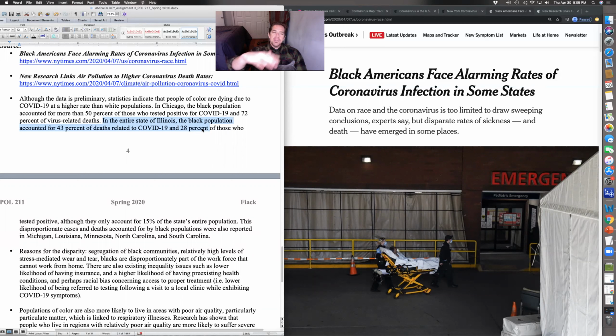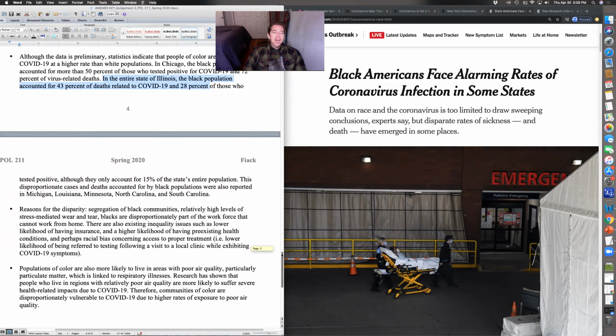But those who tested positive and those who died are much higher than that. And so what this tells us is that Black residents are disproportionately impacted by COVID-19 in terms of likelihood of getting it, and also likelihood of having fatal consequences from getting it.